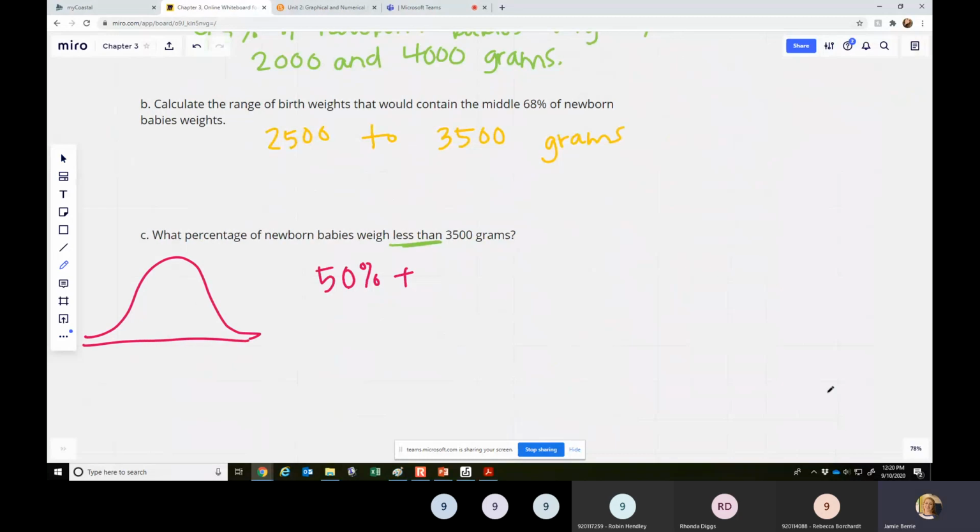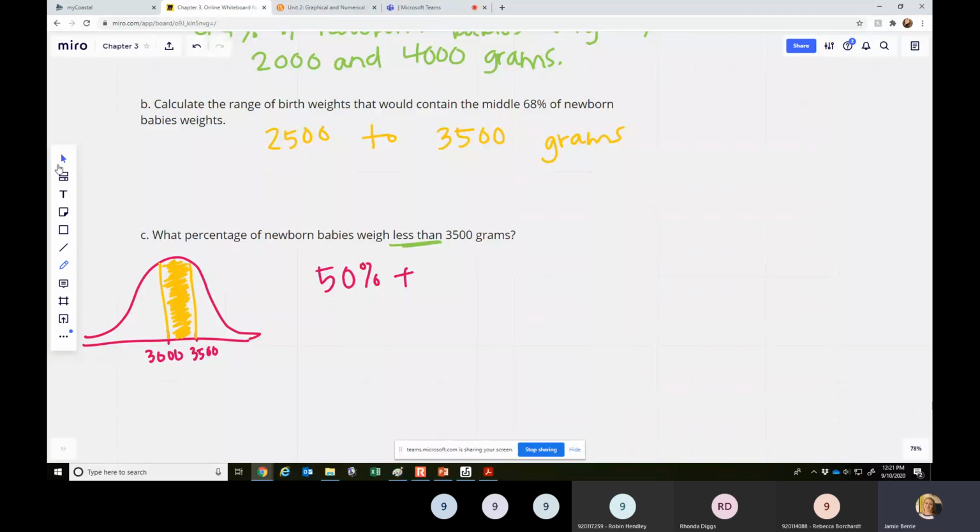And then my middle value, that was the mean, was 3,000. Then I have 3,500 right here. So the only part that I had left over was from here to here. That's how I need to figure out what percentage of data values are going to lie in that tiny interval. Now, this is 1 standard deviation above the mean, but it's only above, not below.